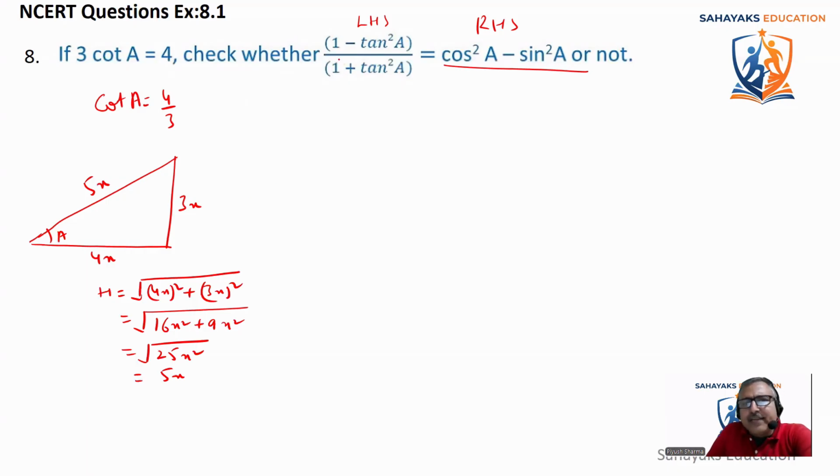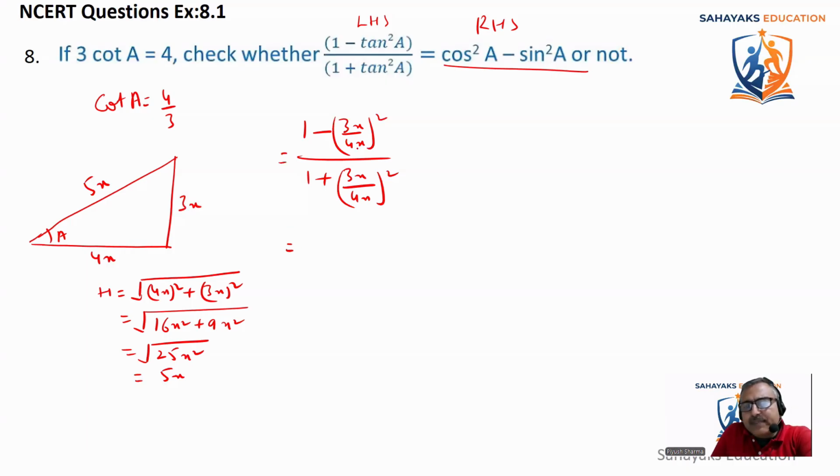Now you have to find the value of LHS. So LHS is (1 minus tan square A) divided by (1 plus tan square A). So 1 minus (3x by 4x) square divided by 1 plus (3x by 4x) square. So what's the value here? If we compute it, I'm just taking the left hand side here.